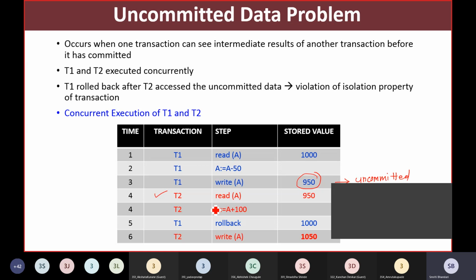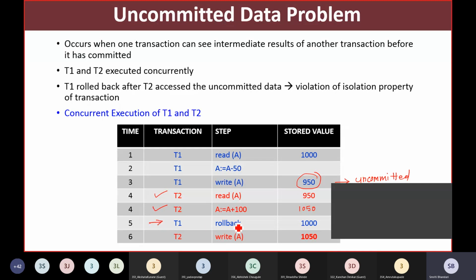So T2 is reading now this 950 and T2 is now depositing 100 into this balance. Okay, so T2 is depositing 100 into this balance. So obviously T2 will have the balance as 1050.